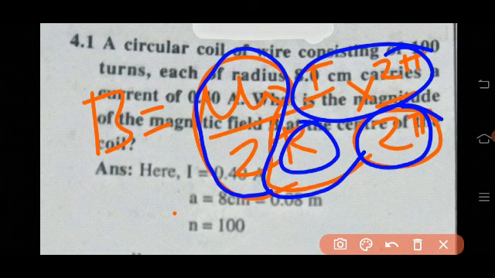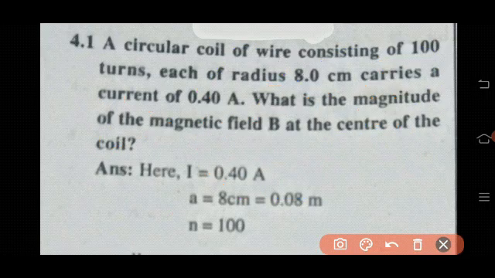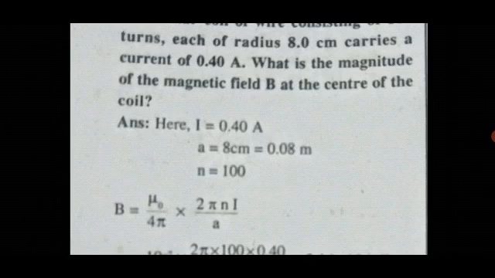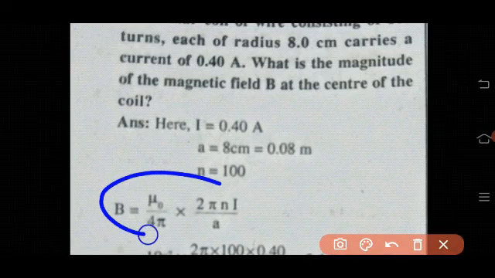For multiple turns you can multiply with n. That is the equation we are going to use.